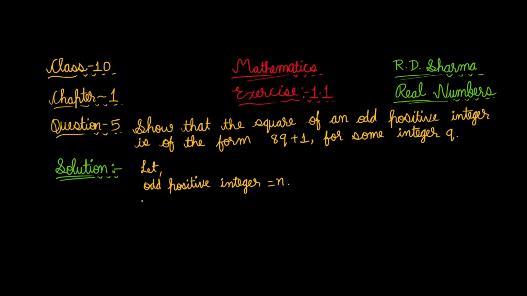If we have the form of n, so n is of the form either 4m plus 1 or 4m plus 3.